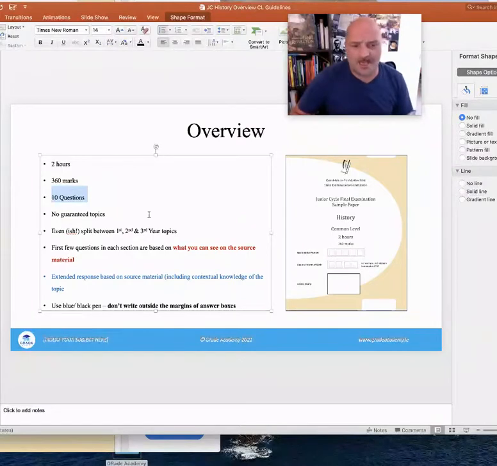However, we can predict that there will be an even spread of first year, second year, and third year topics. It won't be all first year, or all second year, or all third year. So you can predict very safely that there will be at least two topics from first year, at least two from second year, at least two from third year, which gives you 6 topics out of 10.